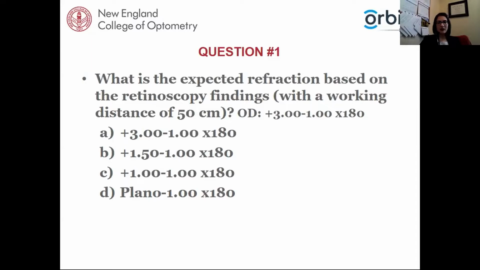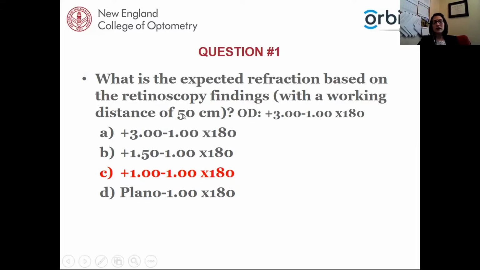Okay, excellent. It seems like the majority of you put C, +1, -1, axis 180, and that is correct. The reason that it's +1, -1, axis 180 is because we know that it's a 2 diopter working distance because of the 50 centimeter working distance. And so we have to subtract that 2 diopters from the +3 sphere, and that's why we end up with a +1.